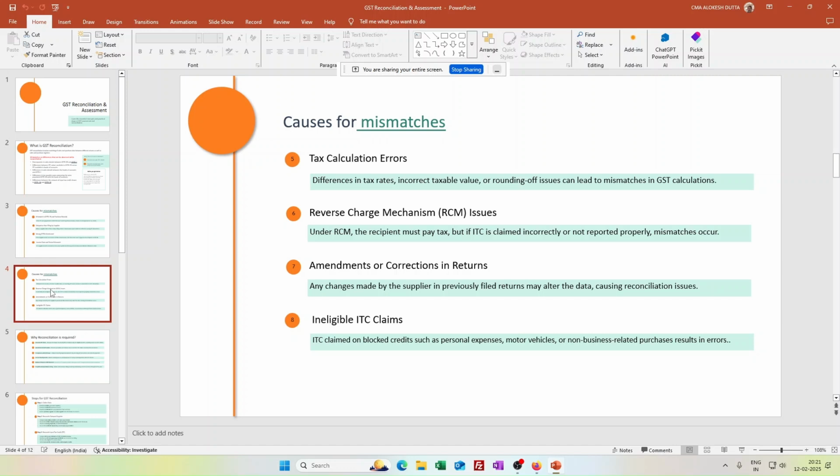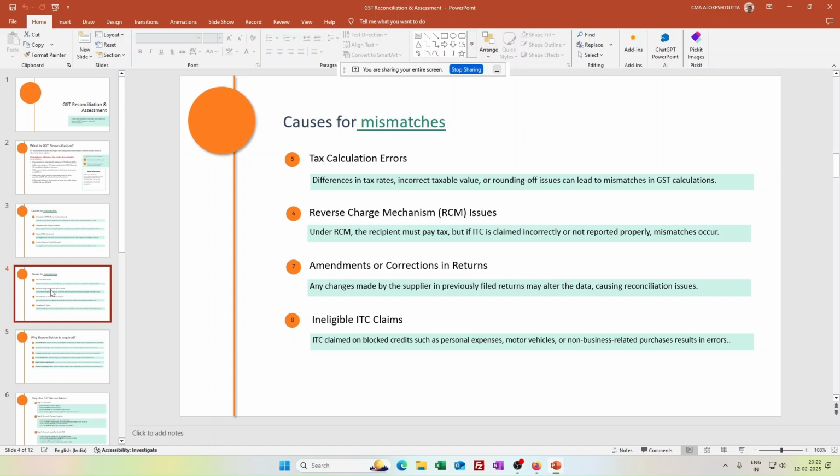So when the supplier amends his invoices, he should inform you. Otherwise, you have to see whether there is any mismatch or not. For this reason also, there may be a mismatch. So you have to take this aspect into consideration also.